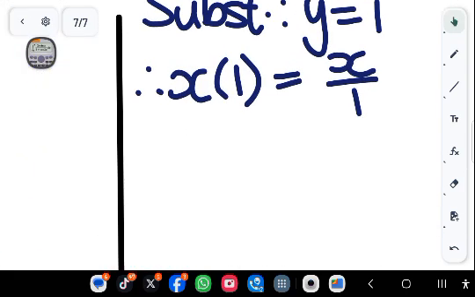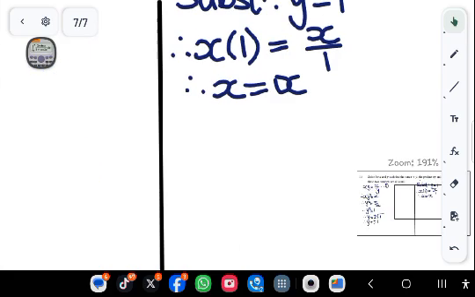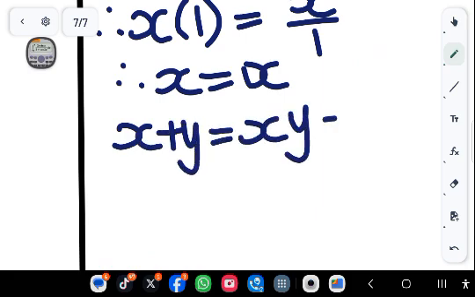Therefore x equals x. All right, let's check out the other one, x plus y equals xy. We can call this equation 2. x plus y equals xy.